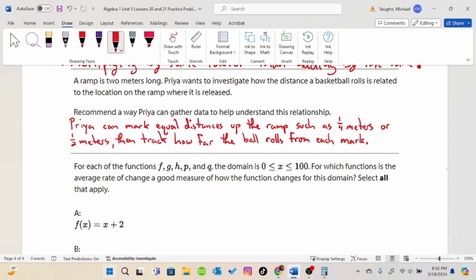And then she could put these into a table and she could see what kind of relationship there was between the height up the ramp and the distance the ball rolled. And then she could look for things like a linear relationship or an exponential relationship or some other type of relationship.